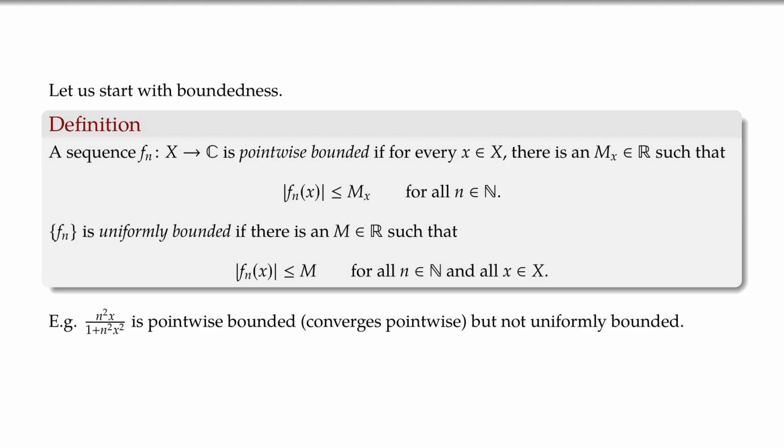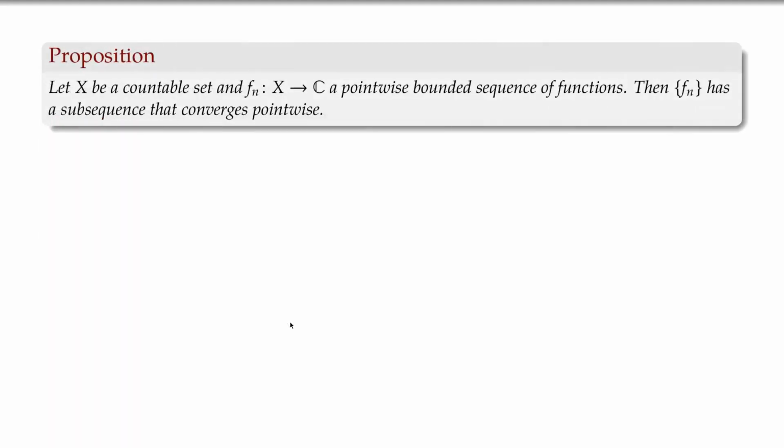There is no uniform bound, even though it converges pointwise, right? It converges for every x, but there is no uniform bound.